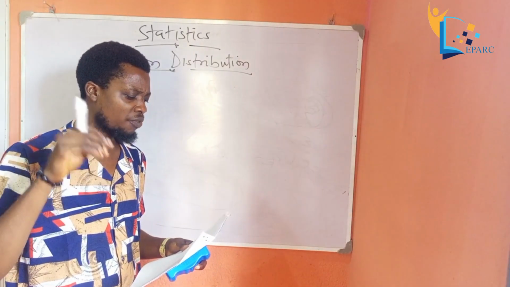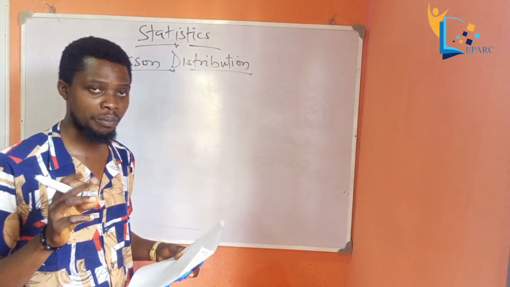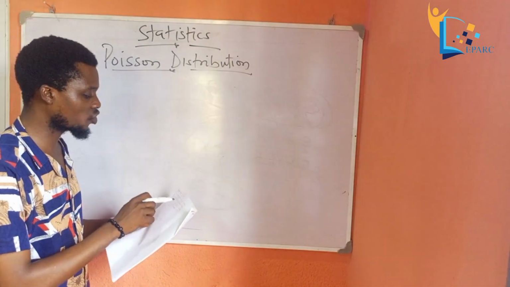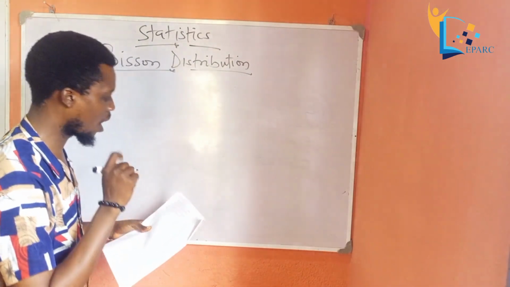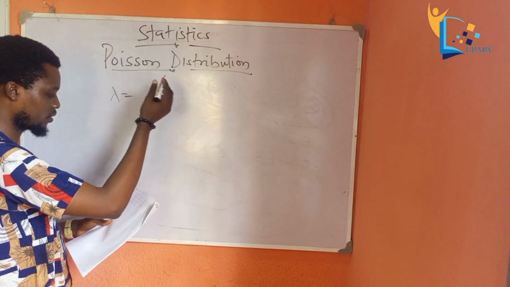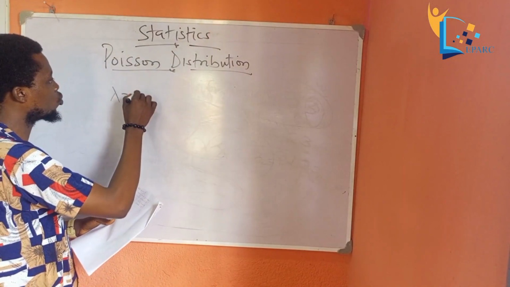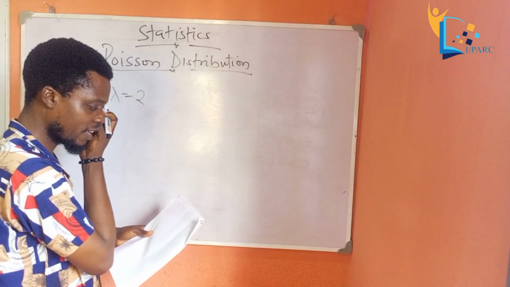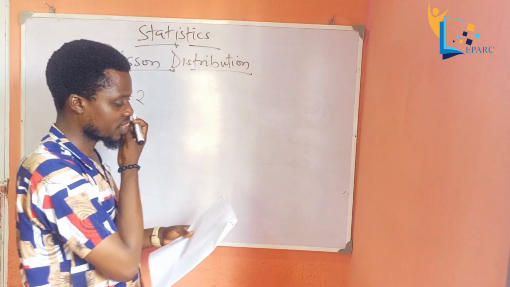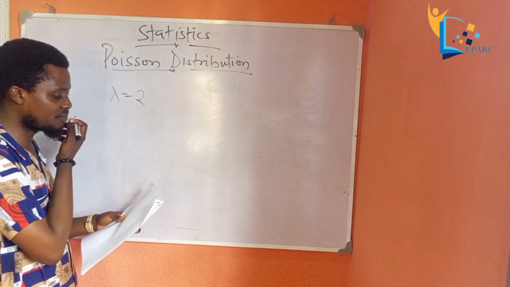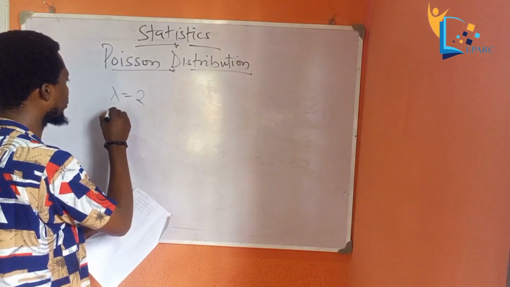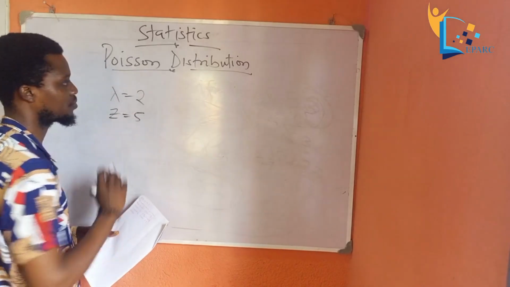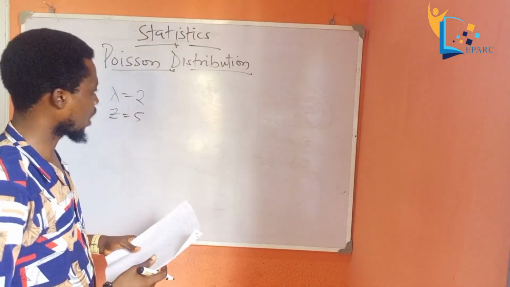Find the probability of arrival of 5 customers in 1 minute. Now, the average number of customers that arrive, our lambda here, per minute is 2. Our lambda is 2. Then find the probability of arrival of 5 customers. Okay, so our Z here is 5. Okay? So how do we solve now?